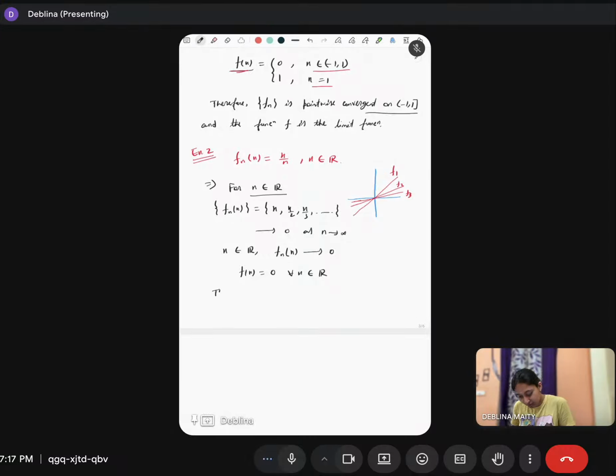So therefore fn converges pointwise to the limit function f(x) equal to 0 for all x belonging to R, right? So fn(x) converges pointwise to this function. This is the limit function, which is the 0 function.